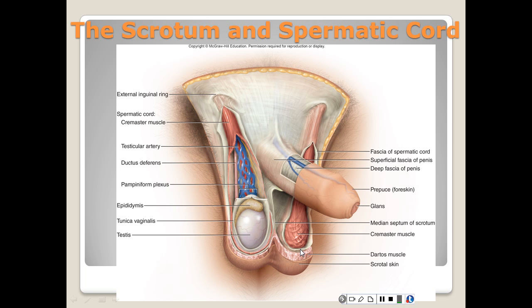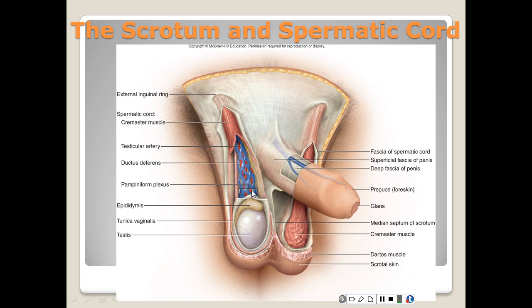Then the third one would be right here, the pampiniform plexus. This area right here is an extension of a network of veins from the testes that surround the testicular artery in the spermatic cord.